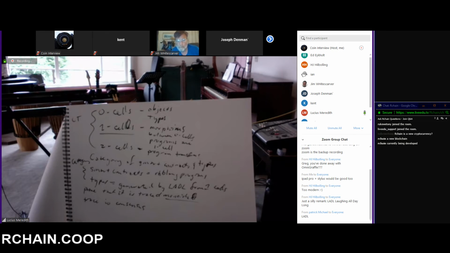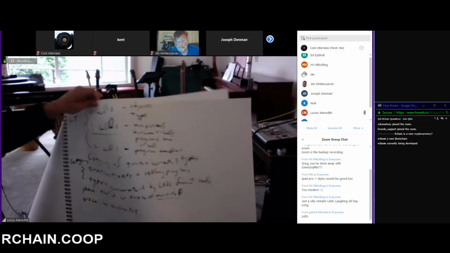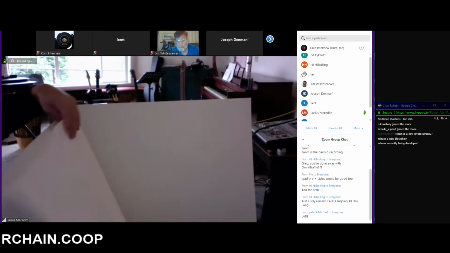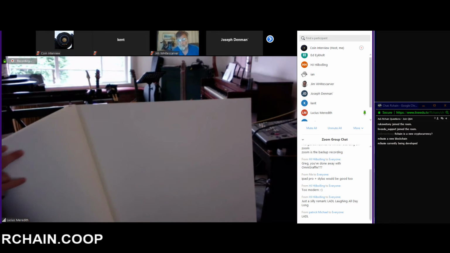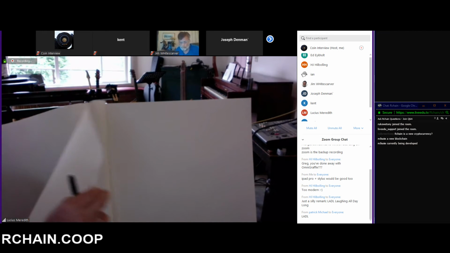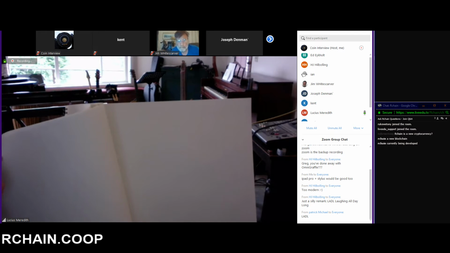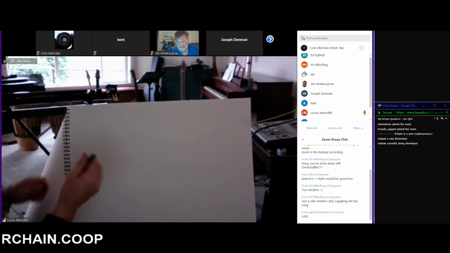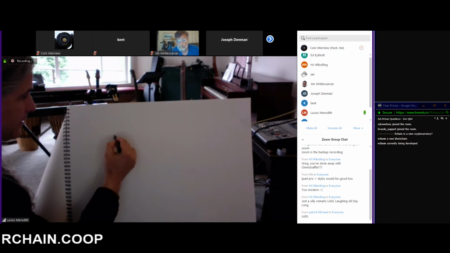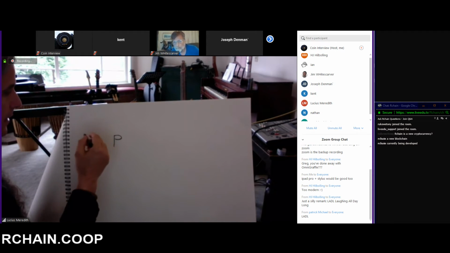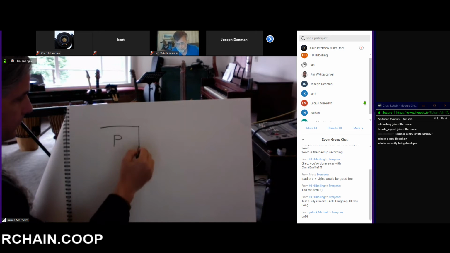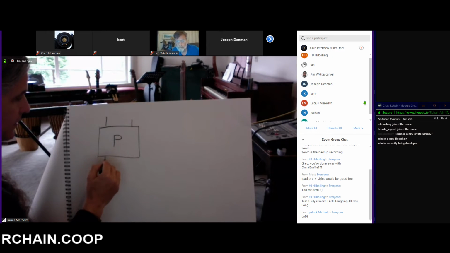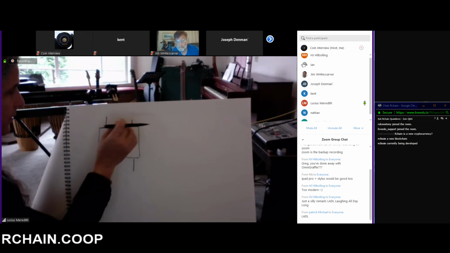The main thing about trace, and I've drawn this picture before, I'll draw it again. So if you have a smart contract P, then the way to think about it is that generically you have these bundles of wires.